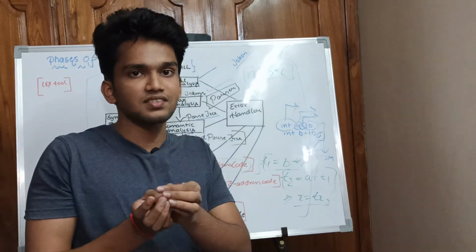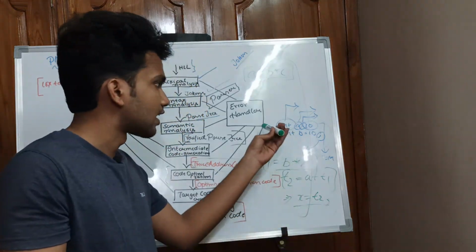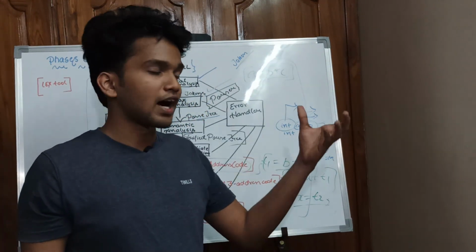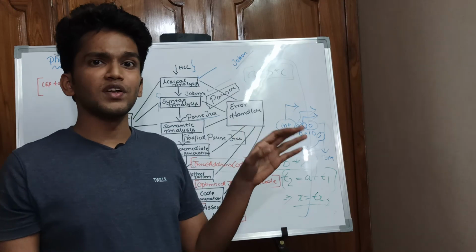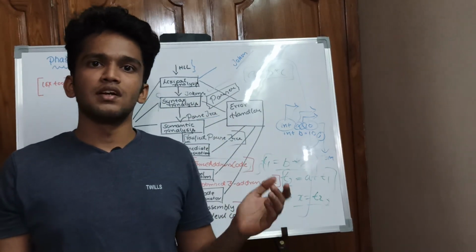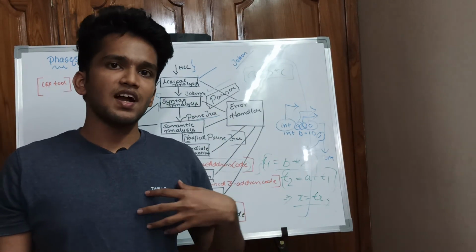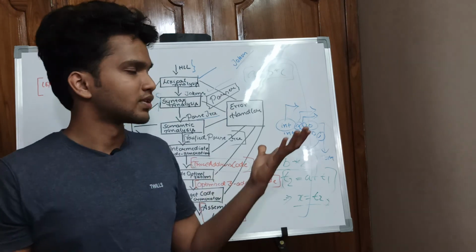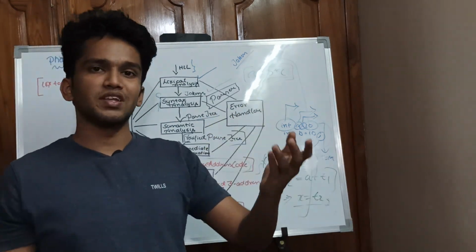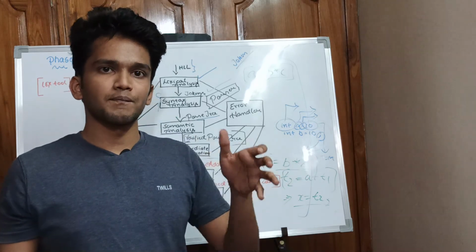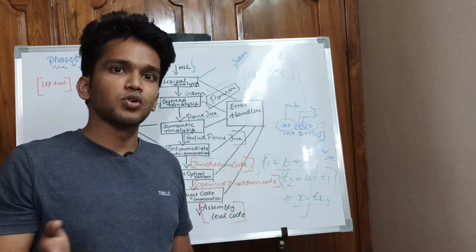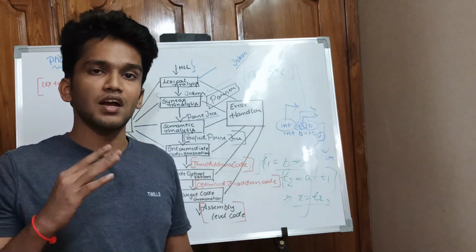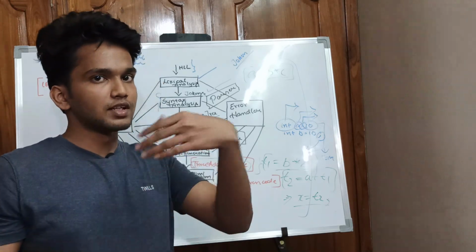So these are the things shown by the error handler. When errors are displayed, obviously we will try to rectify them. So the role of the error handler is to display the errors and not stop, continuing a smooth process of compilation.